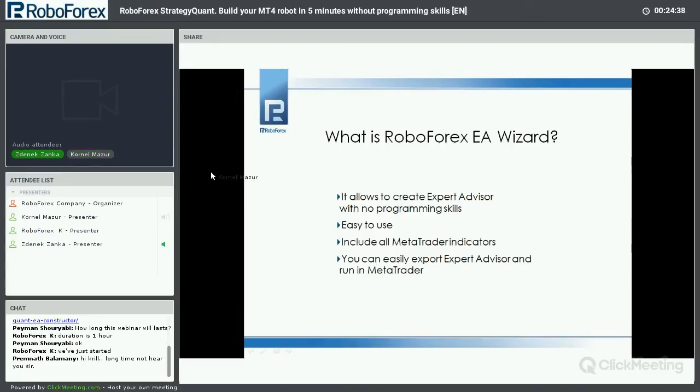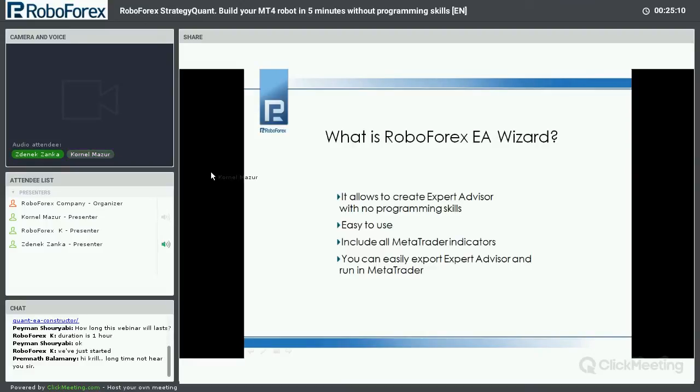It includes all MetaTrader indicators. So if you are able to describe some logic in MetaTrader and you have an idea and know what the entry position should be and what conditions should be met, then you can create it in this software. And of course, once you define the logic and create a robot, you can easily export it and run it in MetaTrader.